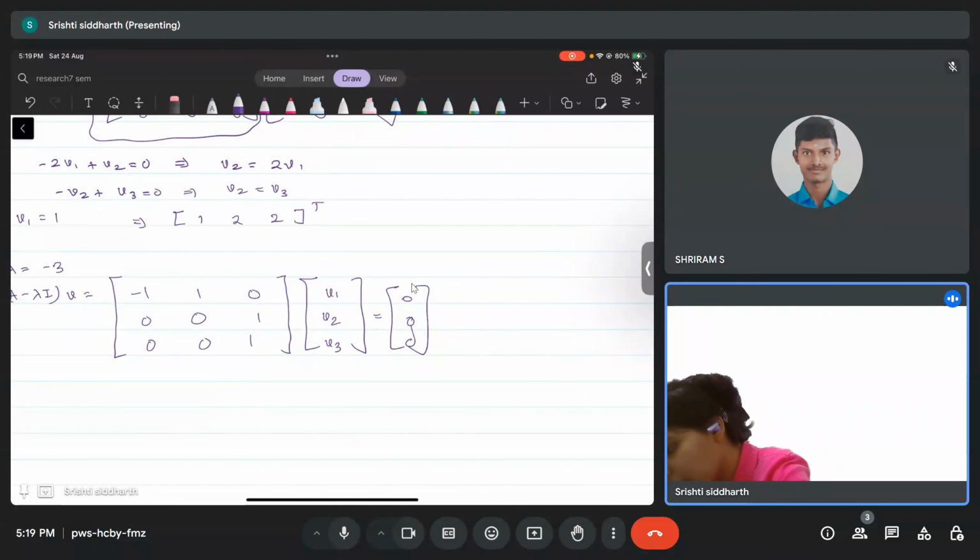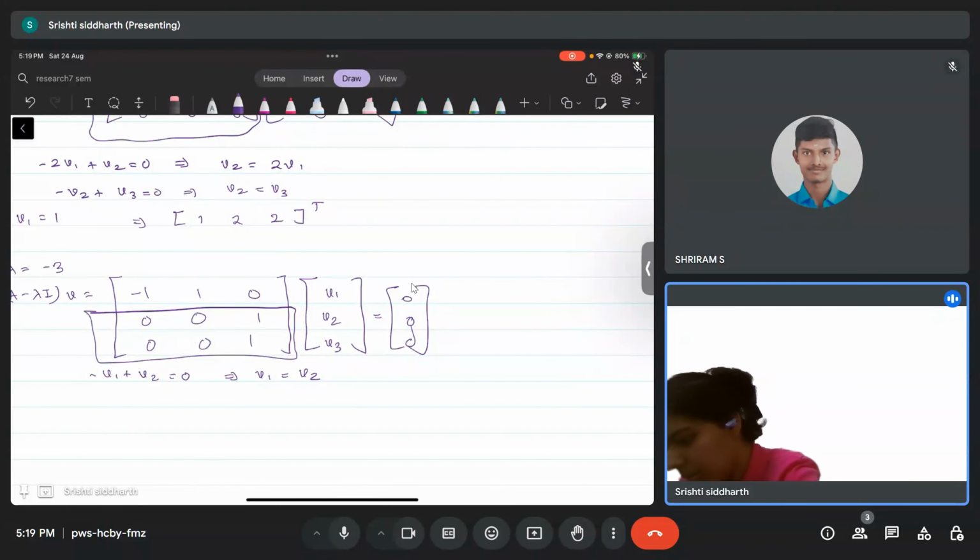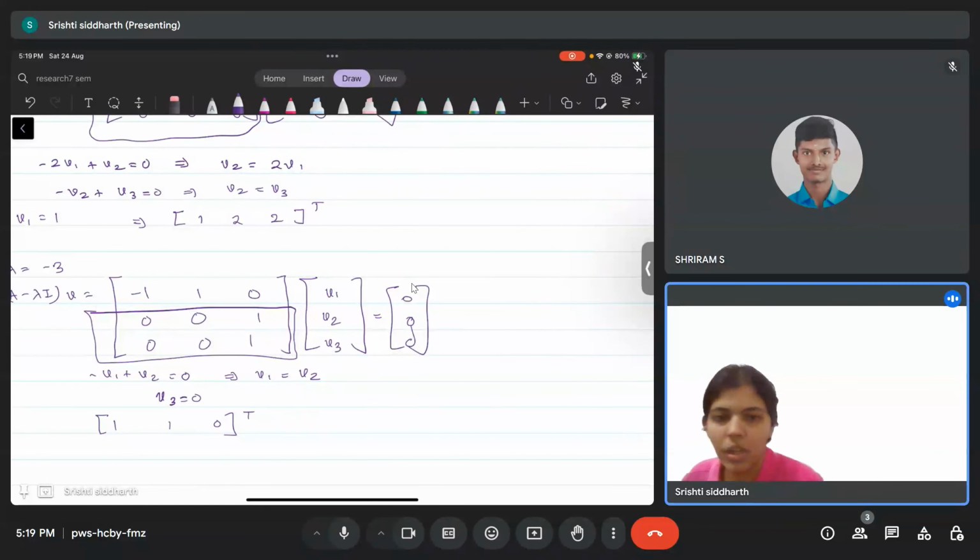Alright, so the first equation is -v1 plus v2 equals 0. So v1 and v2 are the same, and these two rows are the same, so we just get that v3 is 0. So the associated eigenvector is 1, 1, 0 transpose.